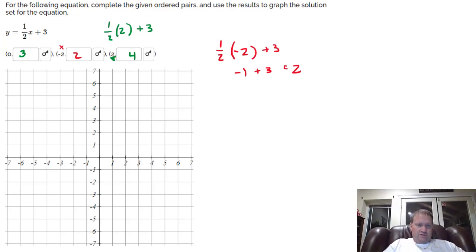So we have 0, 3, which is right there. And then we have negative 2, 2, which is right there. And then I have over 2 and up 4, which is right there. So you can see that these things kind of line up in a nice straight little line. So connect the dots a little bit, put arrows on the end, and that's the end of that equation.